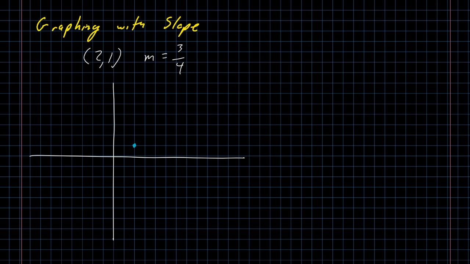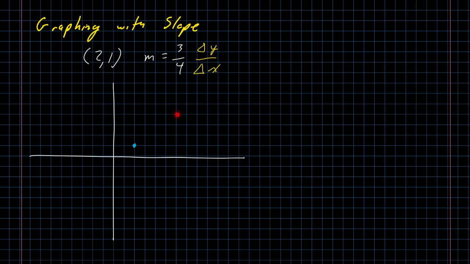My slope is 3/4. Slope is change in y divided by change in x. So if I change y by 3 and I change x by 4, that takes me to this point.